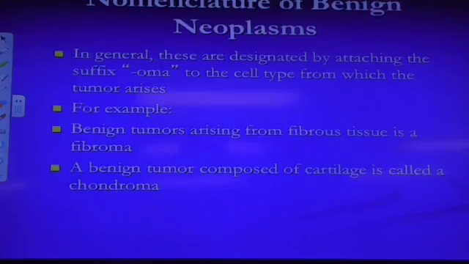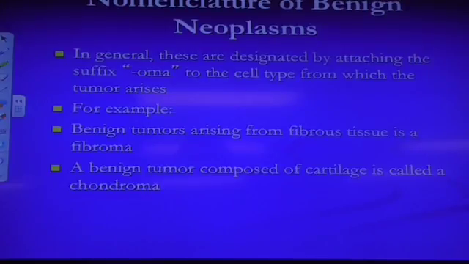Transitional cell carcinoma. Yes. And that applies across the board. Malignant tumors of mesenchymal cell origin end with the suffix sarcoma. Did I say mesenchymal cell origin? Yes. Okay. Is everybody clear on that?